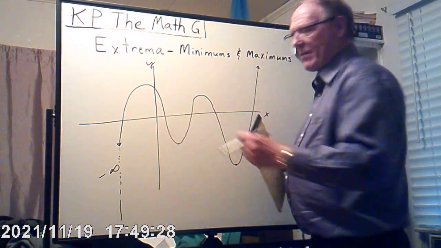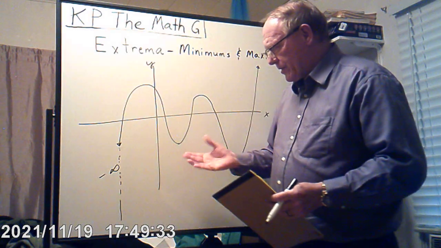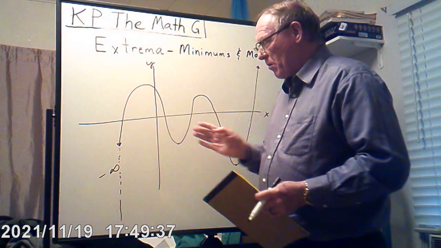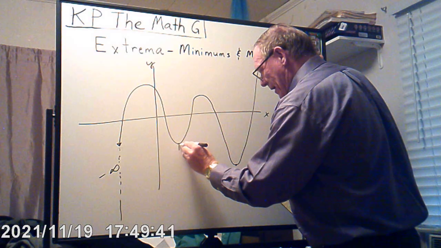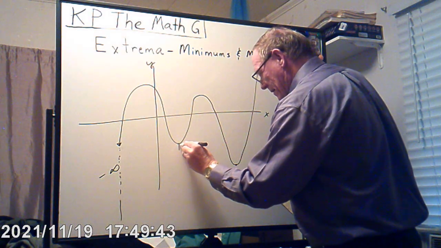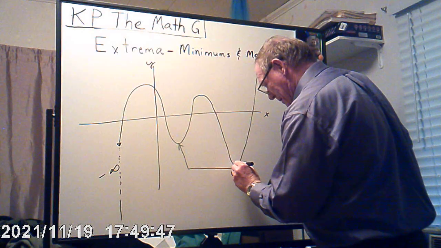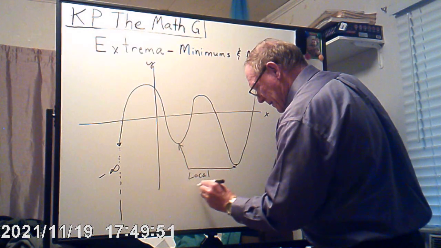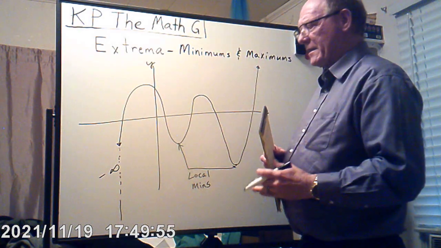I don't have any numbers to show that, but that's okay. We just want to get the idea behind a local minimum. So these two right here are local mins. I'm just going to say mins for minimums.